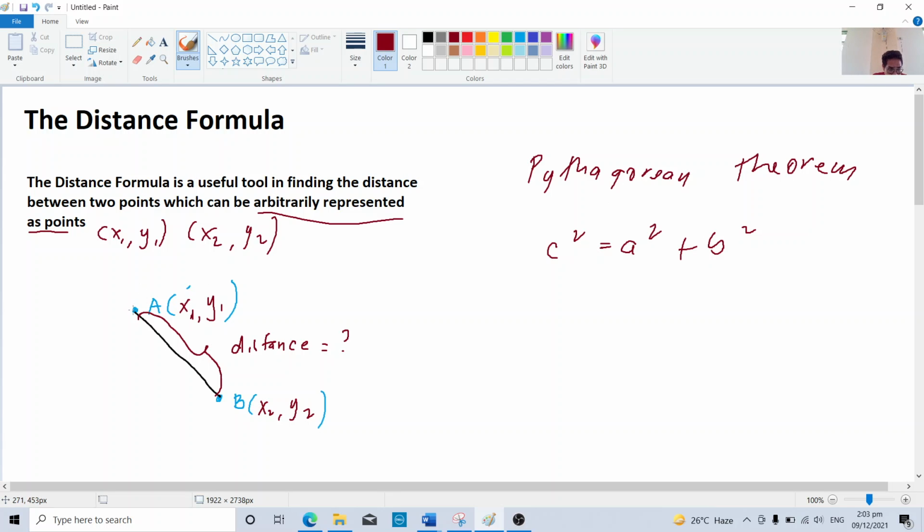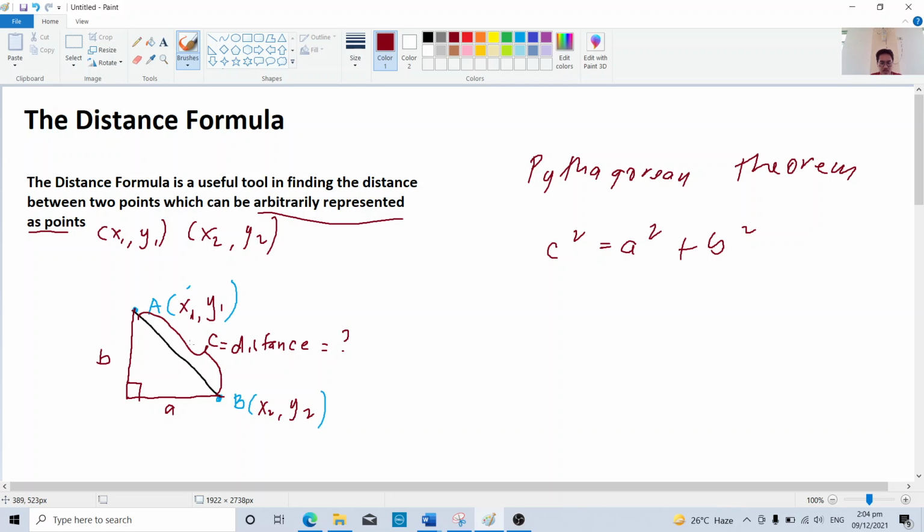If naglagay ako ng vertical line from point A down to the base and horizontal going to the point B, magkakaroon na tayo ng right triangle. Therefore, ito si A natin, ito si B natin, nakuha. And yung distance na to, ito yung C natin, yan yung pinapahanap. Ano daw yung distance ng point A to point B?